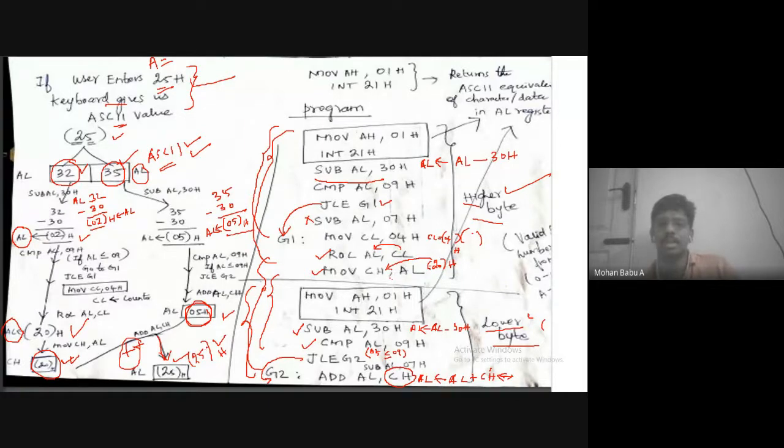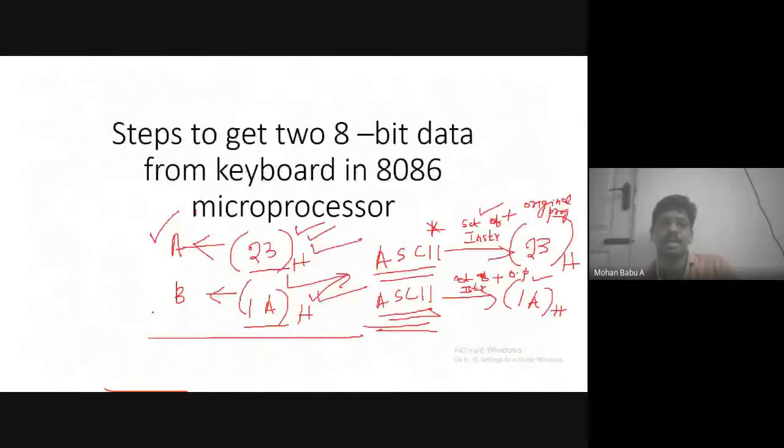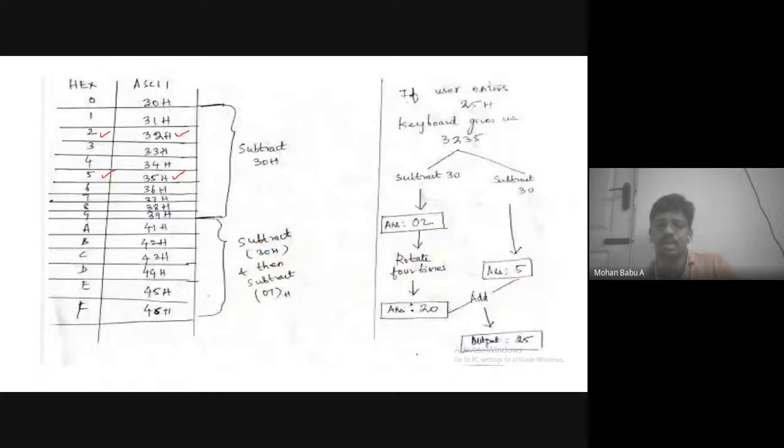So next number is B. Here I am entering 1A in the keyboard, but the keyboard will give the ASCII equivalent for 1A. To convert the ASCII equivalent number of 1A back to the original number, it is 1AH. We use some set of codes. The same set of codes we used now, we will use here.